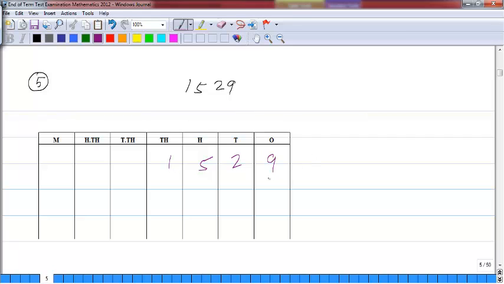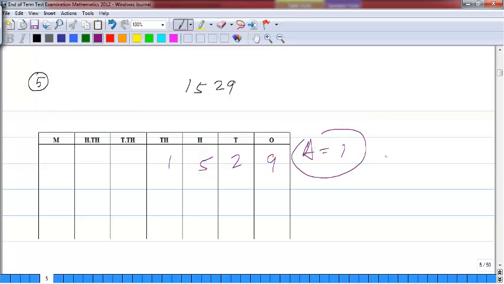Now, the 9 would be 9 ones, 2 tens, 5 hundreds, 1,000. And of course, the 1 has the greatest value, because one group of 1,000 is larger than hundreds, 500s, or 20, or 9. So our answer for number 5 is going to be A.